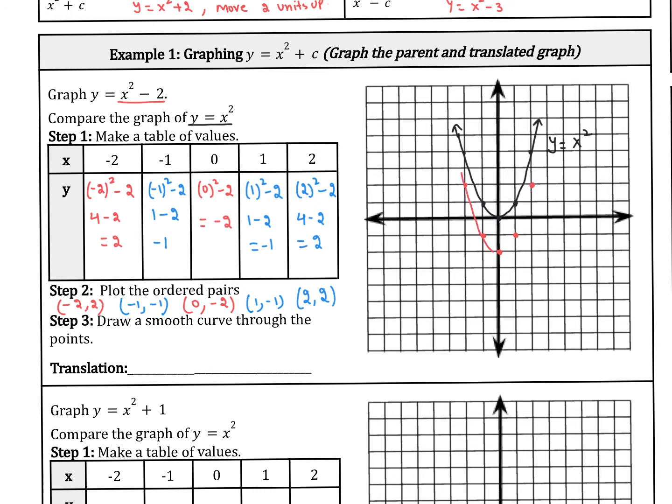When you join these points, you're going to get the parabola starting from negative 2 and using the same pattern, 1, 1, 2, 4, and so on. So the translation of this graph is 2 units down from the original graph.